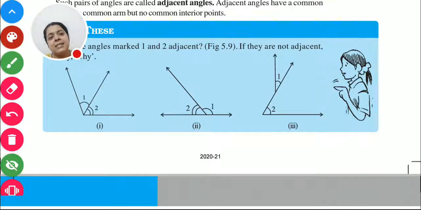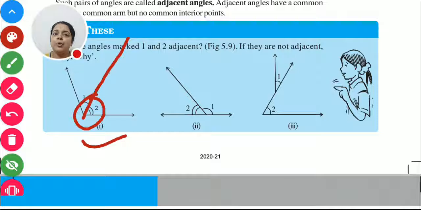So let's see angle 1 and angle 2 in question number 1. What do we find? They have the common vertex, meaning the meeting point is the same. And along with that, they have the common arm.